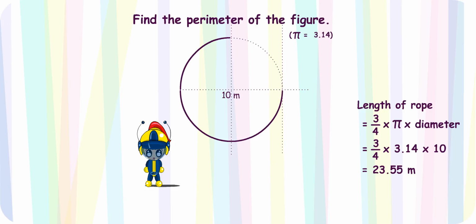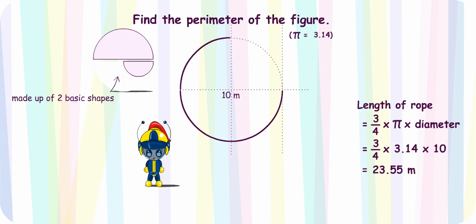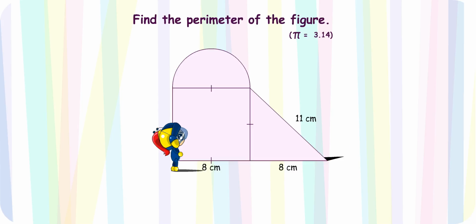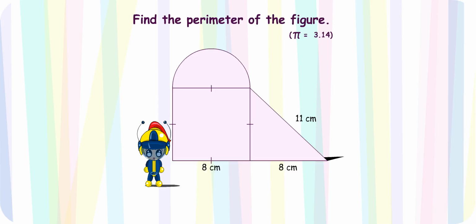So far, we have only worked with figures that are made up of 2 basic shapes. Let's try one that has a figure which is made up of 3 basic shapes. Can you find the perimeter of this figure? This figure looks like a helmet, but I don't think I know how to find its perimeter. Turbo Girl, you have good imagination.